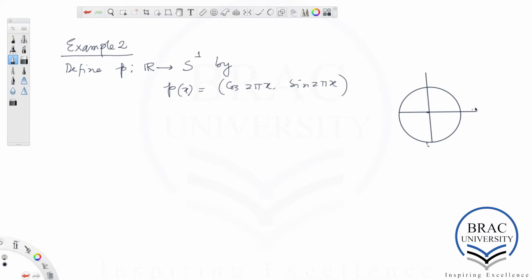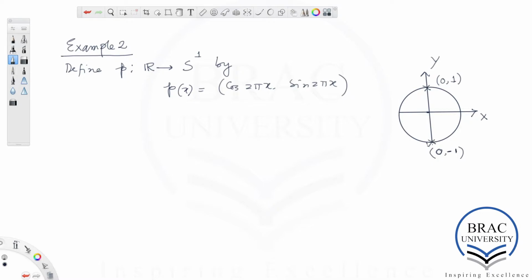Okay, this is our x-axis, this is our y-axis. The point located here is the point (0, minus 1), and the point up here is (0, plus 1).